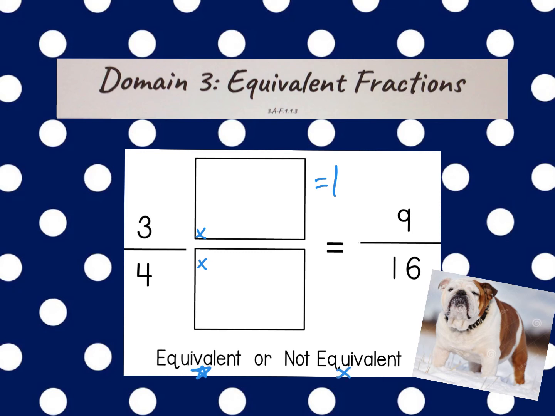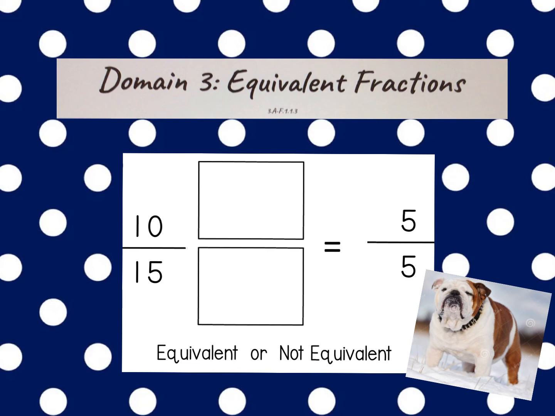So 3 times what equals 9? 3 times 3 equals 9, good. And 4 times what equals 16? 4 times 4 equals 16. So is 3/4 equal to 1? No, it would have to be 3/3 or 4/4. So my friends, this is not equivalent, okay? Because 3/4 does not equal 1.